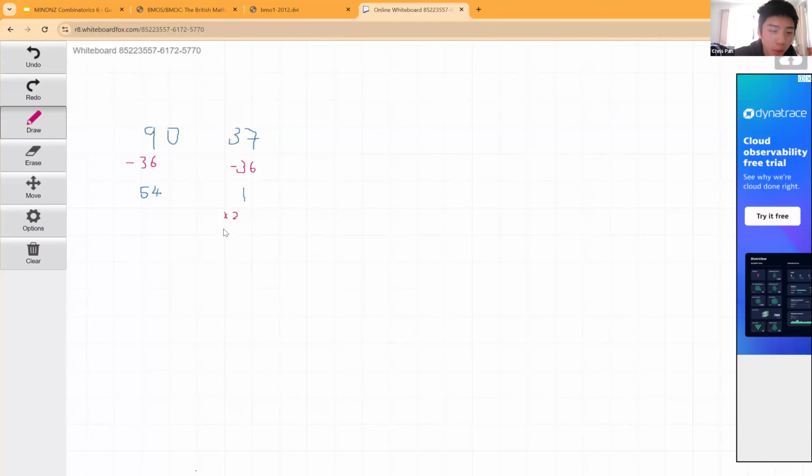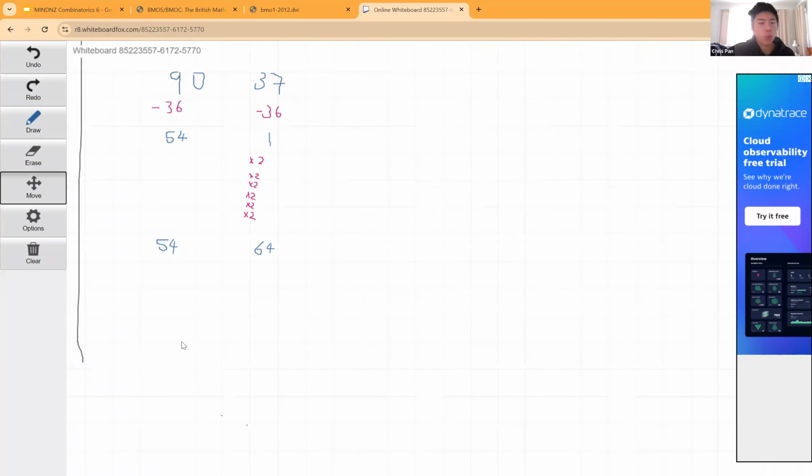So let's multiply it by two. That's two, that's four, that's eight, 16, 32, 64. So we multiply by two six times and we end up with 64 and 54. Cool.